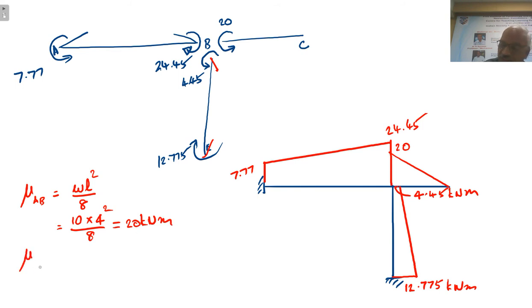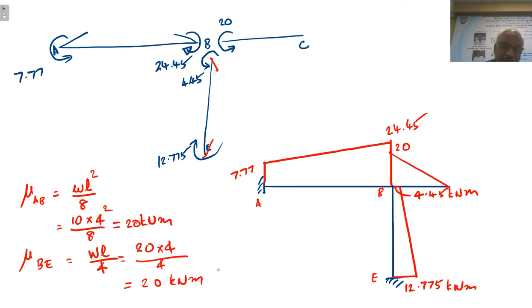Then coming to the span BE, so this is A, this is B, this is E. BE is subjected to a central concentrated load, therefore the simply supported moment diagram will be WL by 4 equal to, W is 20, L is 4 meters, by 4 equal to 20 kilonewton meter.